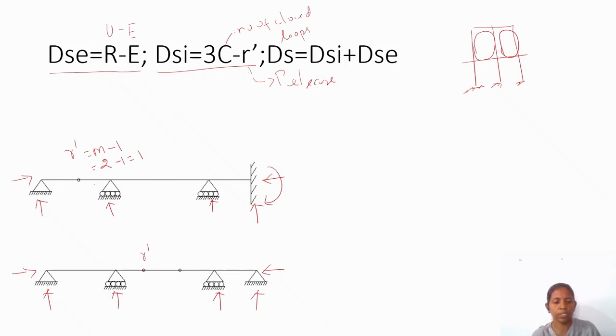Any one hinge is connected with two members. So R dash equals m minus 1 for the first hinge, that is 2 minus 1 equals 1, and R2 dash for the second hinge, connected to two members, 2 minus 1 equals 1. So total R dash equals R1 dash plus R2 dash, that is two releases to be deducted.